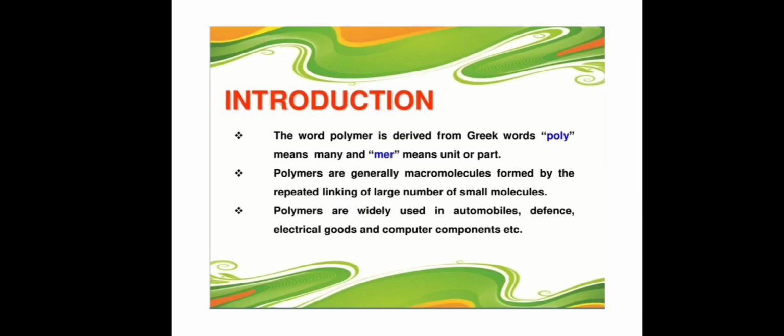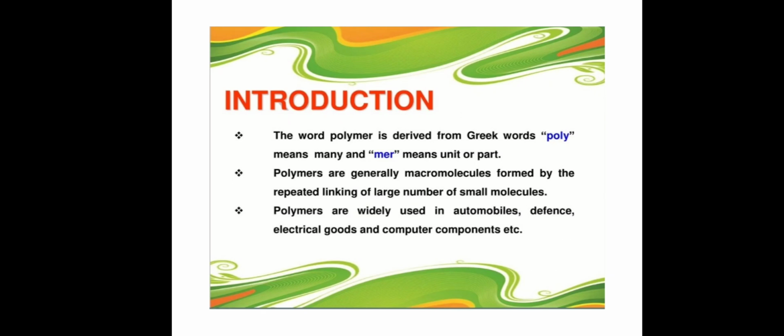In this video, we are going to discuss polymer chemistry. Introduction to polymer chemistry. The word polymer is derived from the Greek words poly, meaning many, and mer, meaning units or parts. Polymers are generally macromolecules formed by the repeated linking of a large number of small molecules.